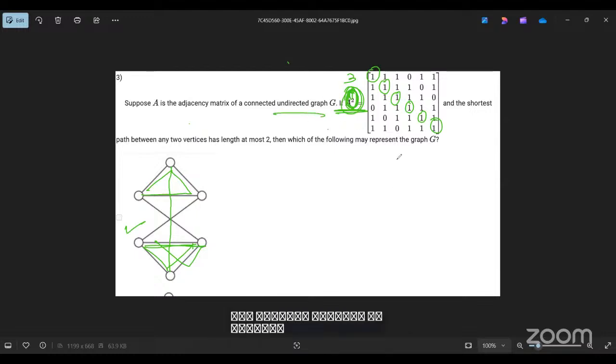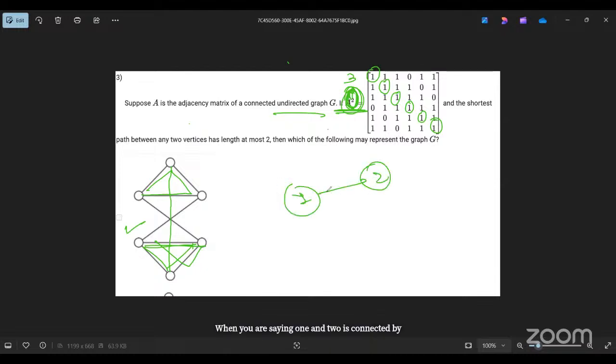Then isn't it possible to reach the same vertex using two paths, like back and forth, like you said? But this is not a path. For me, it's an edge when you are saying 1 and 2 is connected by a single edge, so we can go to 2 and then come back to 1.